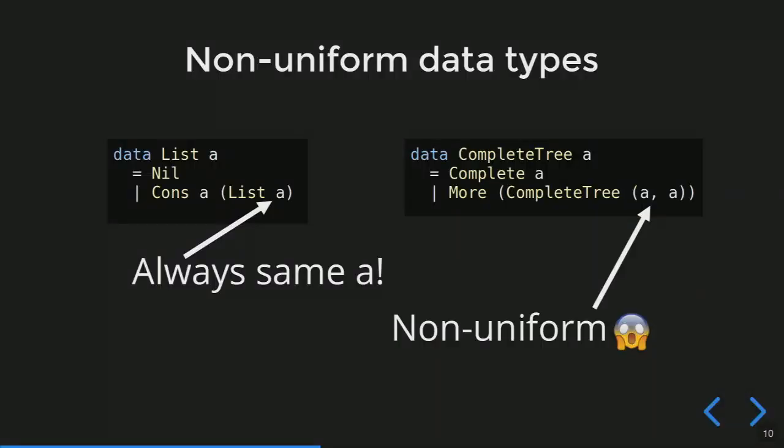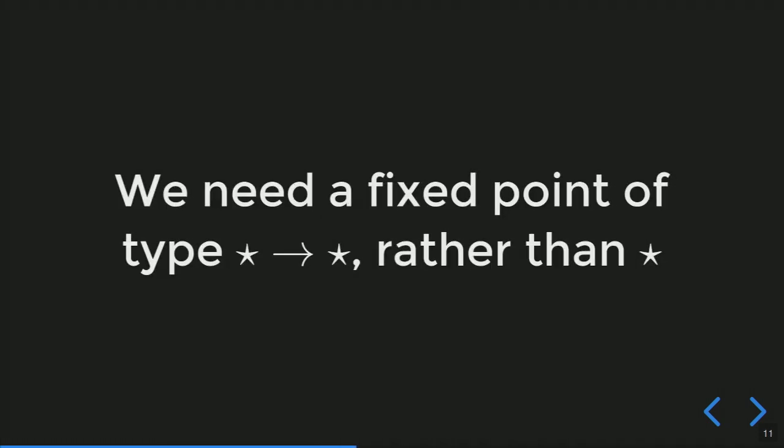And therefore, I could get away with having a fixed point in star. Whereas in complete tree, I really want to just ignore that in my fixed pointing, and instead focus on the complete tree part, the functor itself.